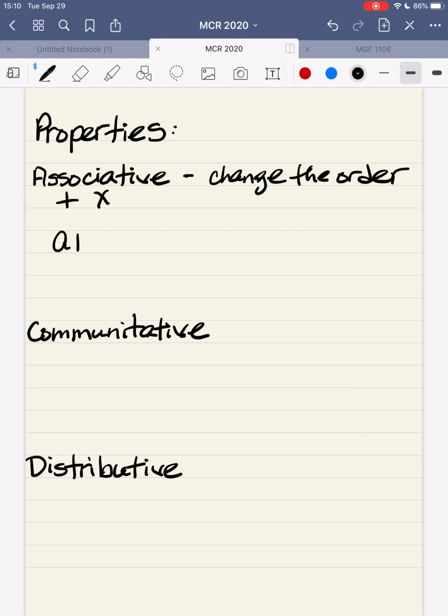So if I have a plus b, that will be equal to b plus a. If I have a minus b, however, that's not going to work unless I keep the sign with the b. So you don't want to do it for subtraction, because it would not be the same thing as b minus a. Those are two completely different things. This one is no good.